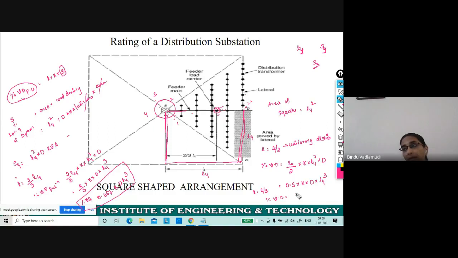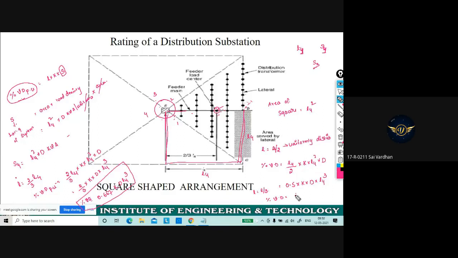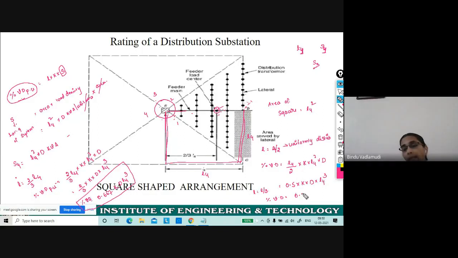What is the value of 1 by 3? 0.33 into K into D into L4 cube. Is it clear? In this way you can calculate the voltage drops for any type of loading, feeder loadings. Did all of you understand?